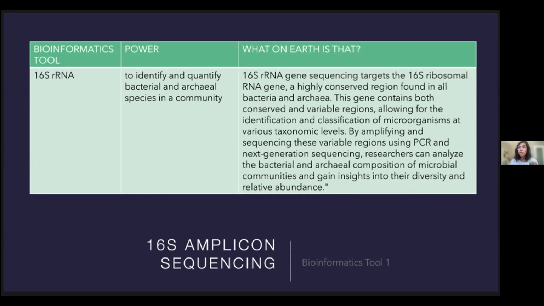And what we do to find them is we use the 16S ribosomal RNA gene, which tends to be very conserved in both bacteria and archaea. Although it does have some conserved and variable regions, we pick a certain region that we think would work really well, depending on how well curated the databases are. And this allows for the identification of microorganisms across various taxonomic levels, but within bacteria and archaea.